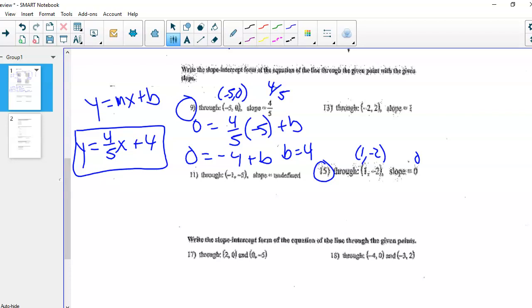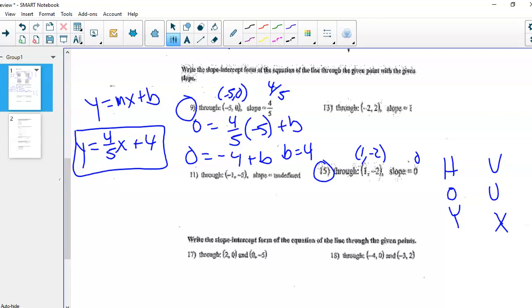For number 15, anytime you have slope undefined or slope 0, use Hoy-Bucks. So for 15, we're looking for a slope of 0.